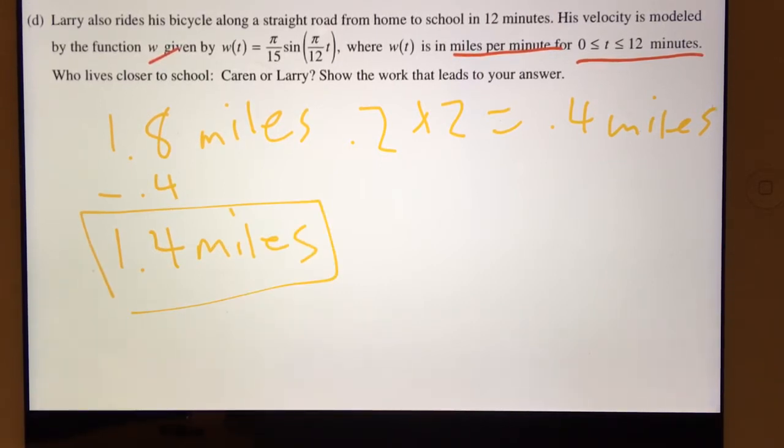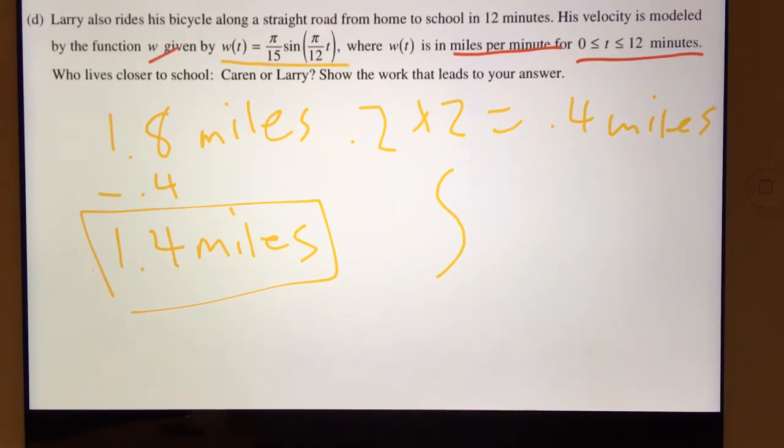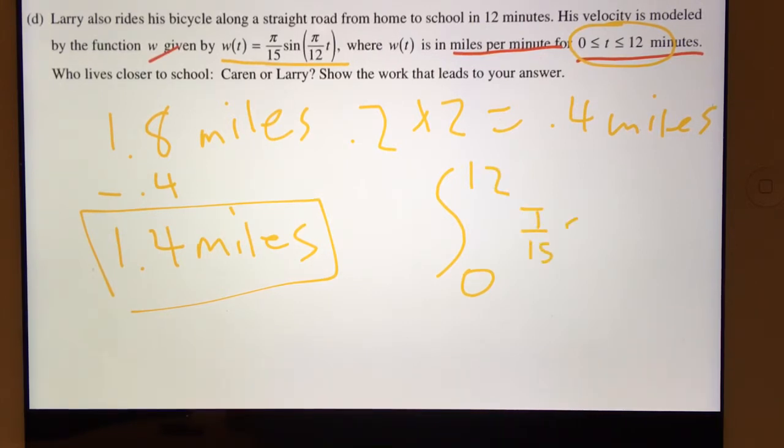Now, Larry, we can't use a calculator for this problem, remember. So for Larry, the integral, because remember, if you integrate velocity, which is this function right here, you get distance, and he traveled 12 minutes. Integrate from 0 to 12 of pi over 15 sine of pi over 12 t.